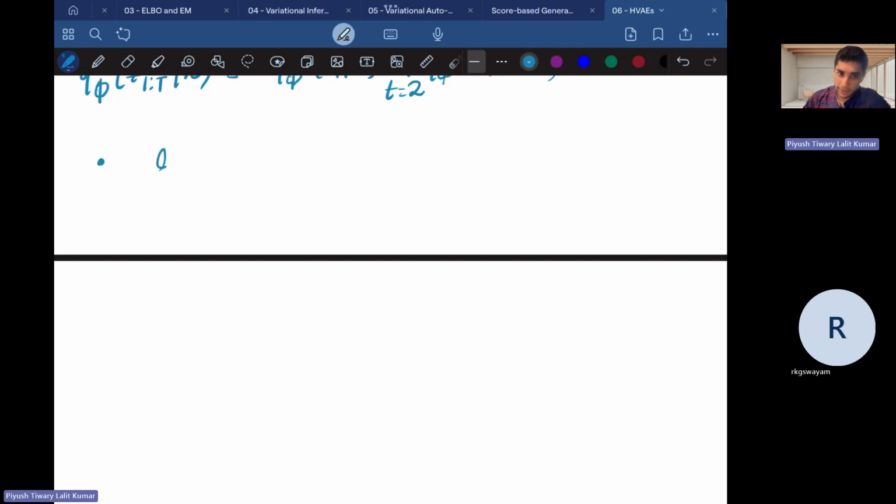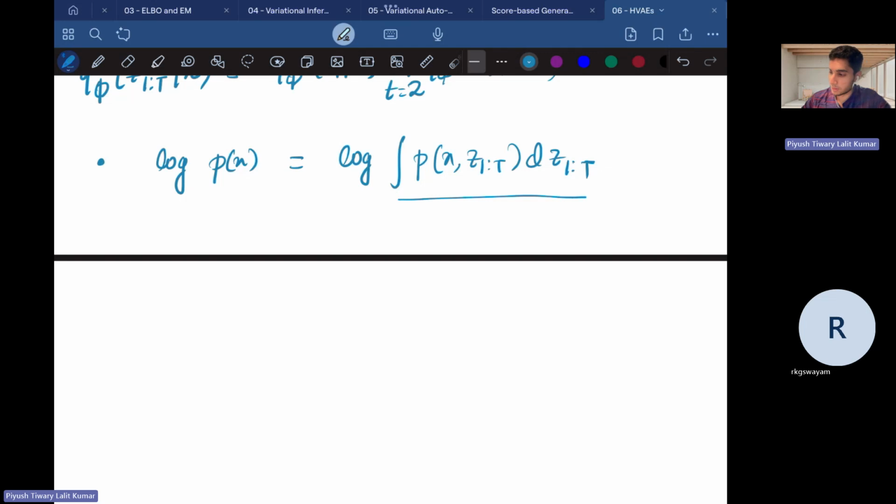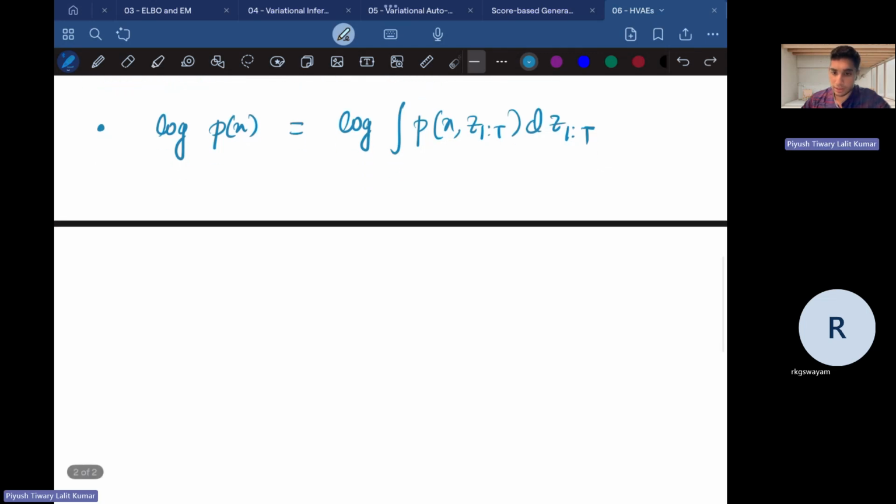You will always start with your log likelihood, so it's log P of X. If you remember how we derived the ELBO for VAEs, we will follow the same thing, but the only difference is instead of having one Z, we will have multiple Z. So this will be the integral of P of X comma Z1 to T, dZ1 to T. This is nothing but multiplying it. I hope you can see that this thing is just P of X, so nothing really changes here. It's just marginalizing out Z1 to T, that's all.